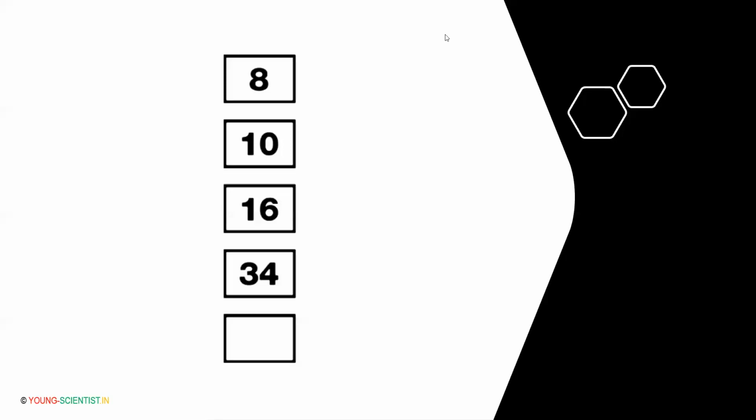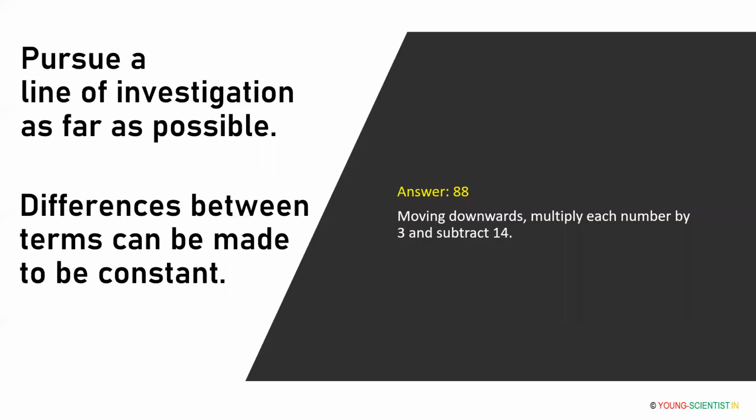So there are a couple of different ways of expressing this pattern, one of which is given here. You can take each number, multiply it by 3, and subtract 14 to get the next number.